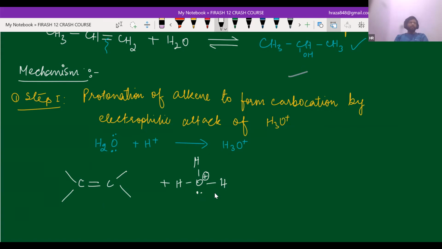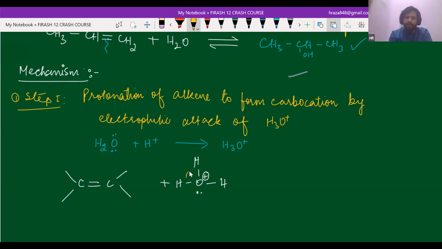Always remember that on a more electronegative element like fluorine, oxygen, especially oxygen, which is used most in our reactions, a positive charge is very unstable. If a negative charge is on a more electronegative element, that is well and good, it is stable. But a positive charge on a more electronegative element is much less stable. So what will happen here?